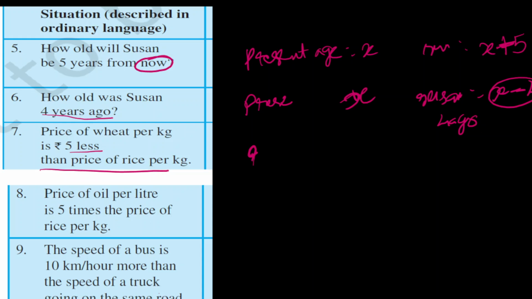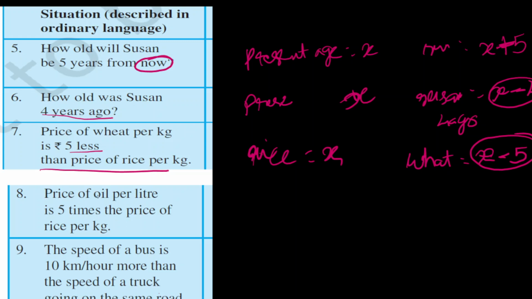Then the wheat price is 5 less than the rice price, so the expression becomes x minus 5.